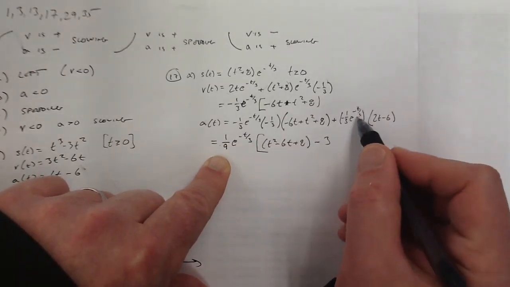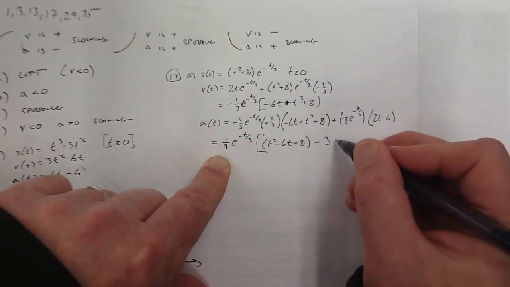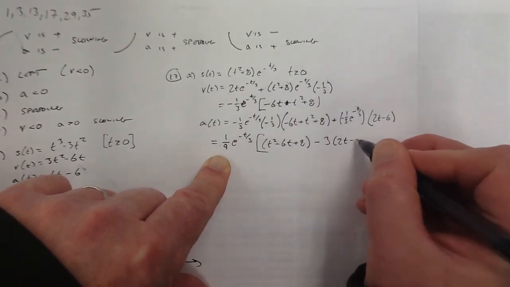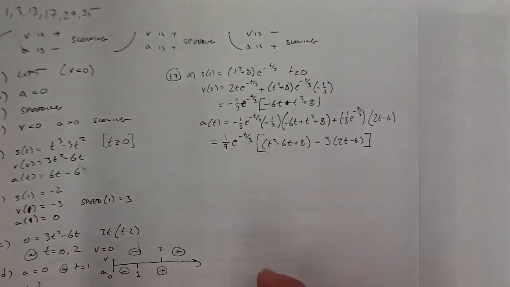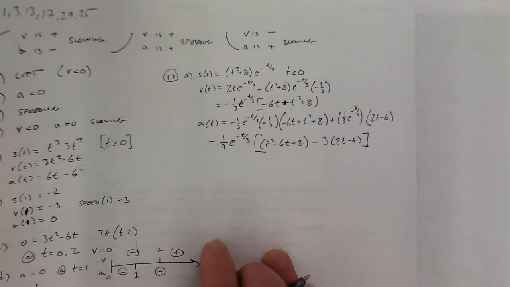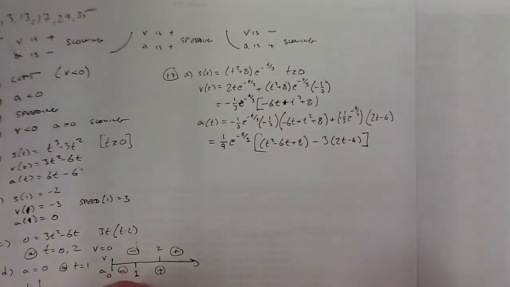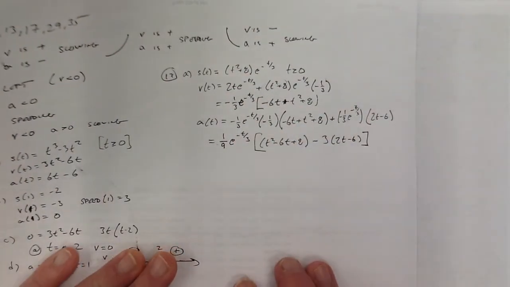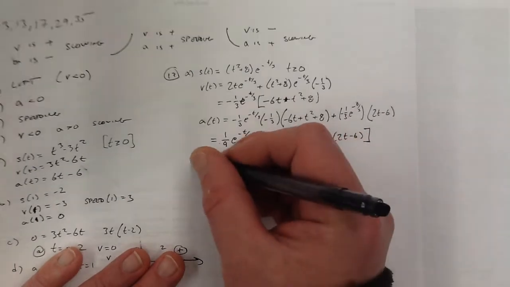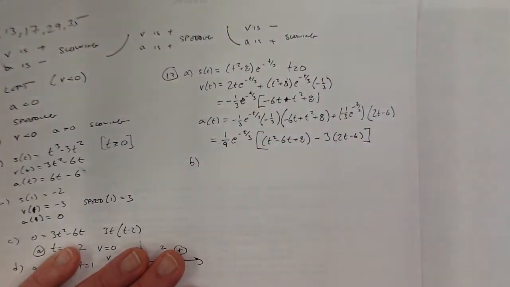I factored that out to the front, and then my 2t minus 6. That's some creative factoring, but I think you're going to see when we go to find the zeros of these things, if we try to do that without a calculator, it's going to be much easier because of how we did that.